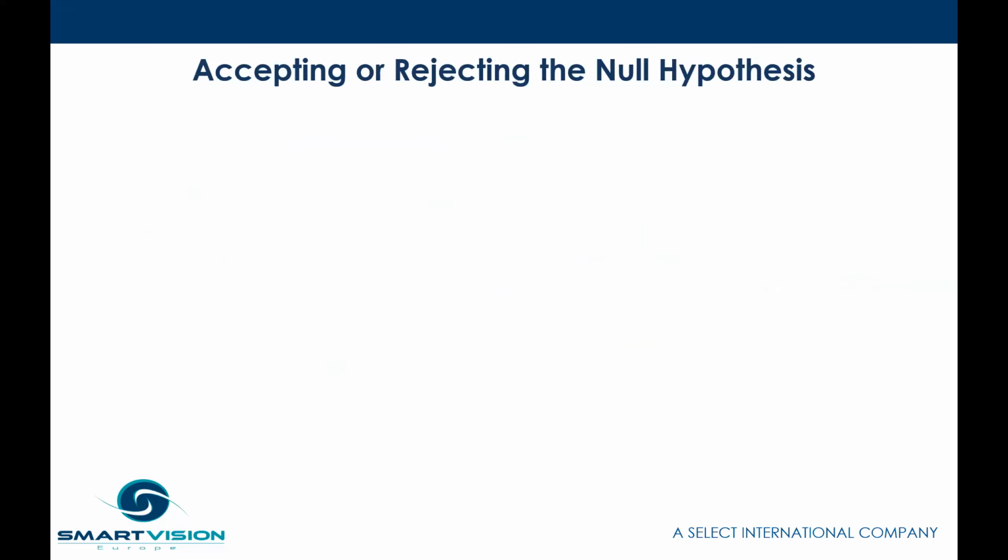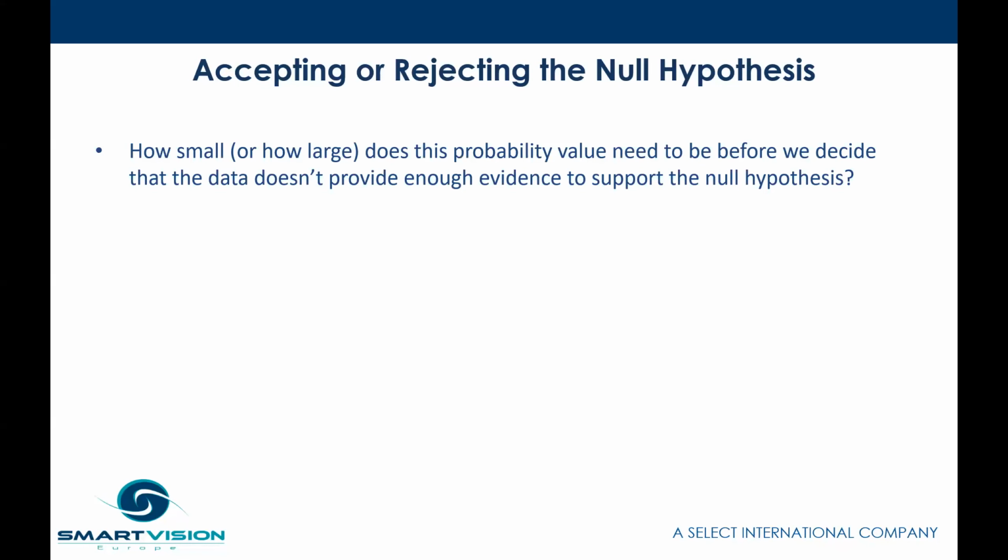So that means we have to make an assessment of whether or not the null hypothesis is likely, and whether or not it's acceptable. That usually takes us into the realm of accepting or rejecting the null hypothesis. So we're thinking about this difference and its associated probability. Well, how large does this probability value have to be before we decide that the data doesn't provide enough evidence to support the null hypothesis?